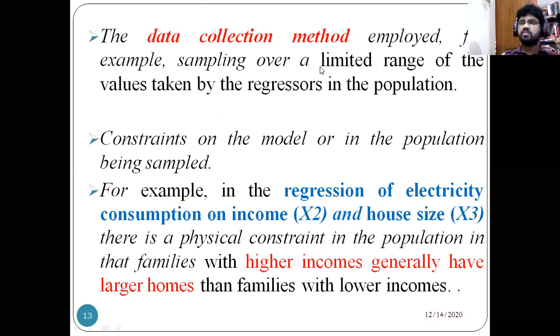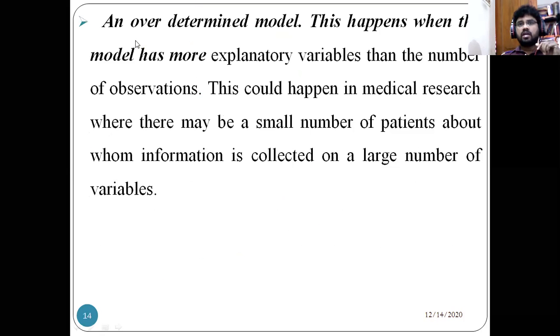Then the data collection method, which method you have adopted to gather the information. And then an over-determined model, which may happen when the model has more explanatory variables than the number of observations. In those cases you will get a multicollinearity problem.